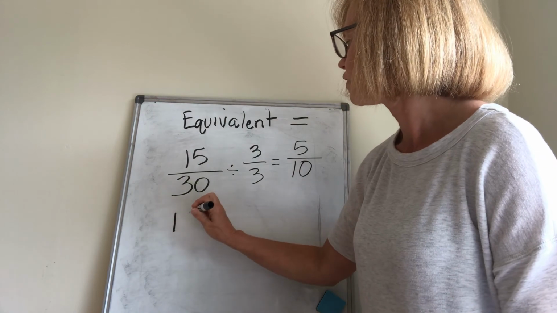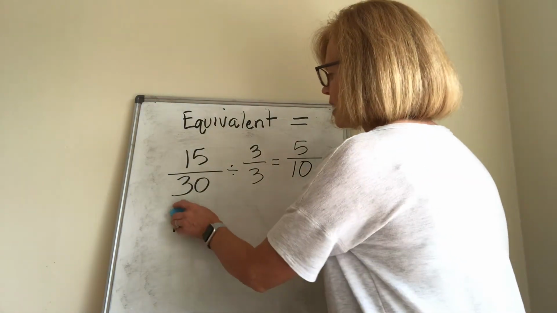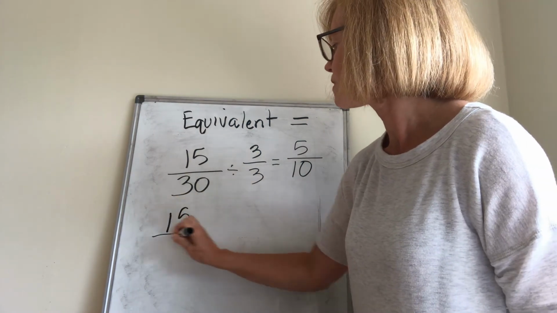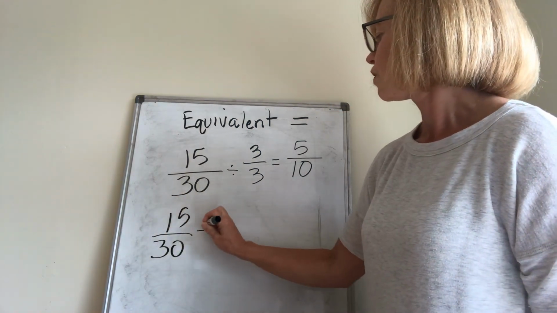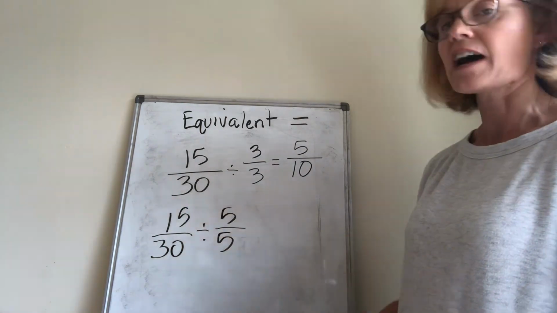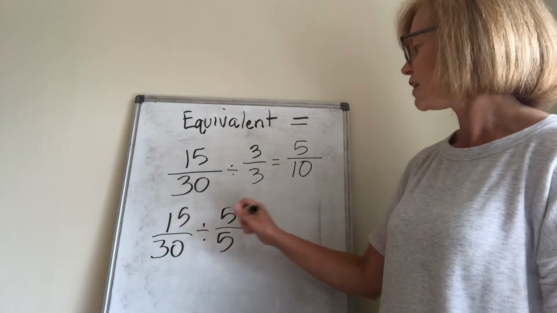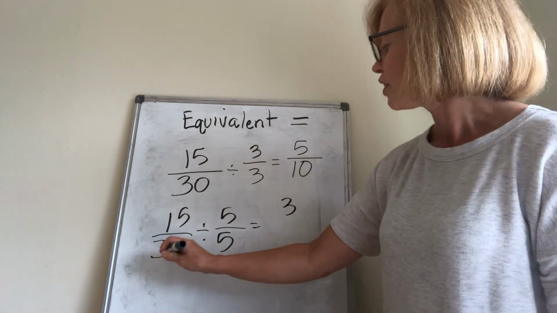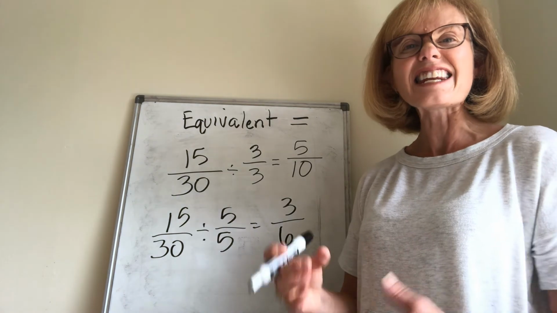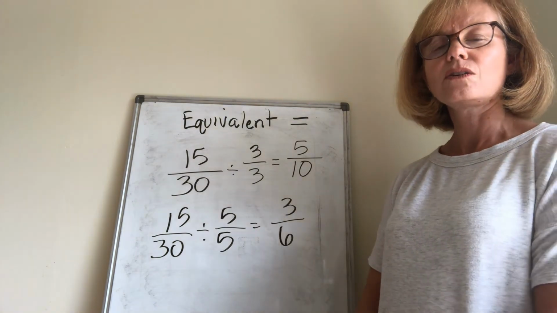I wonder if I could even make a simpler version. What would be another? Maybe you tried something else. Could you have tried dividing both of these by 5? Well, 15 divided by 5 is 3. 30 divided by 5 is 6. Oh, I found another equivalent fraction. Wow.